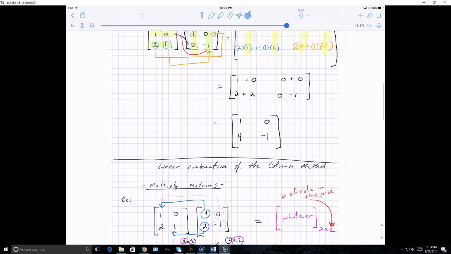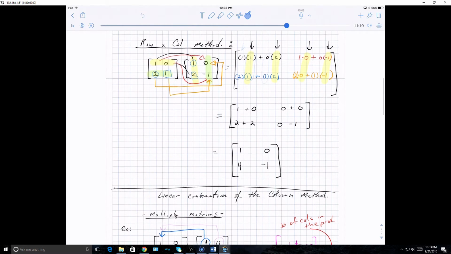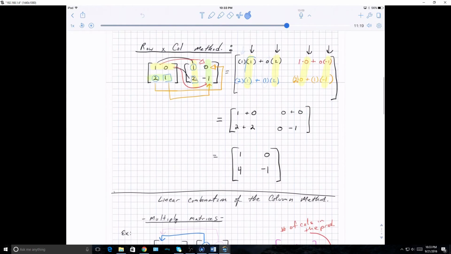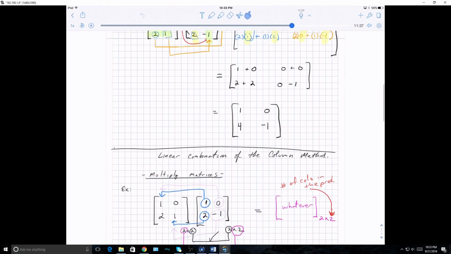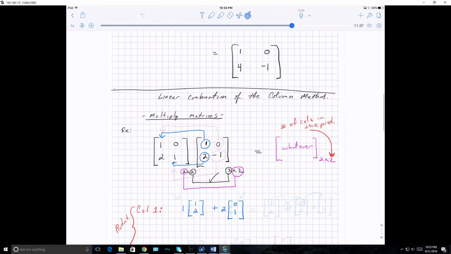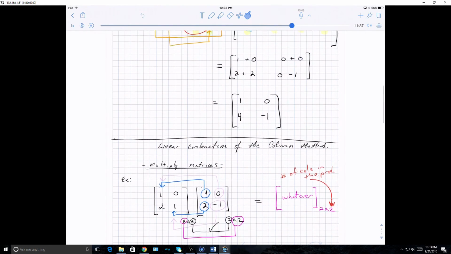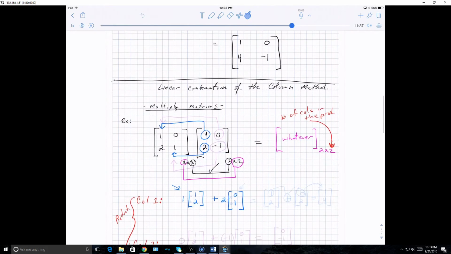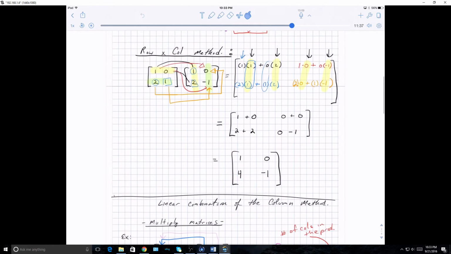Notice that we have 1, 1, 2, 2, 0, 1. If we look up here, we can see 1 of this 1, 2. Do you see it? 1 of 1, 2, and 2 of 0, 1.